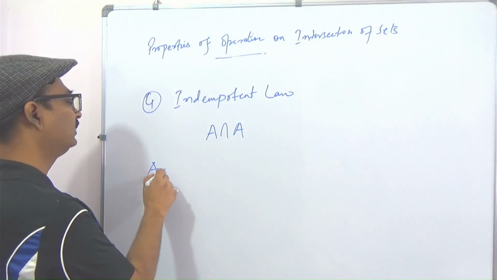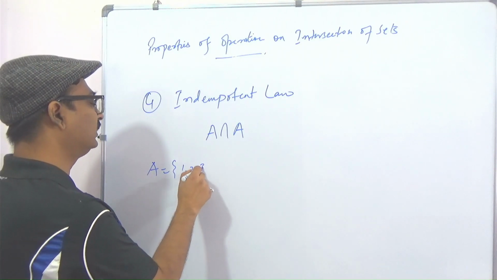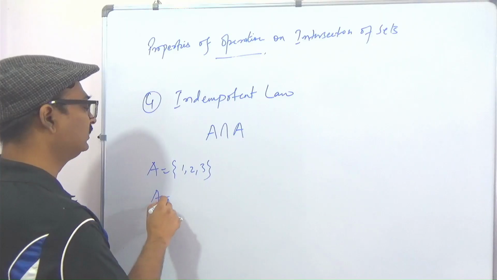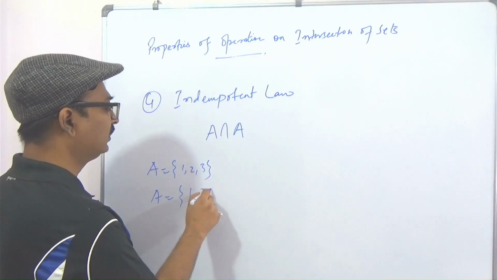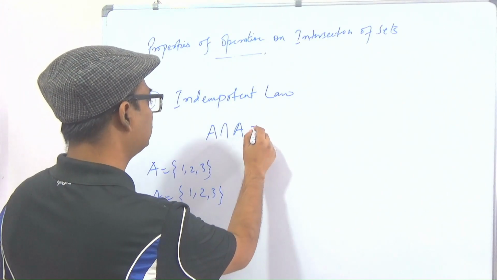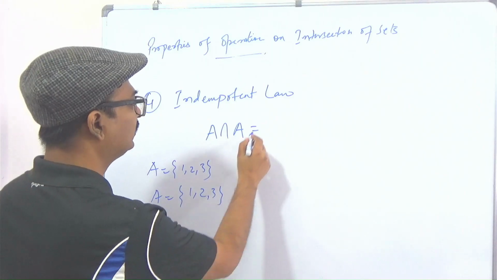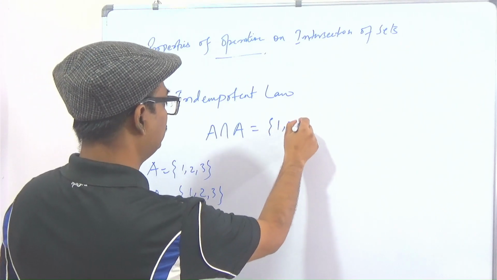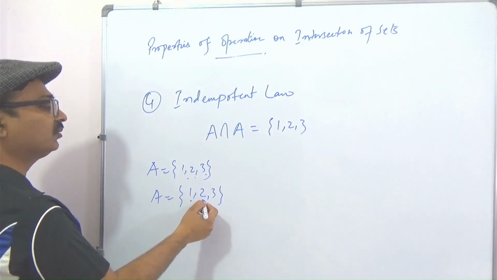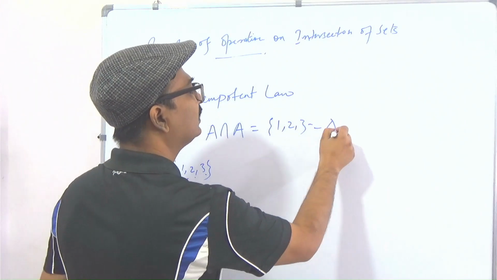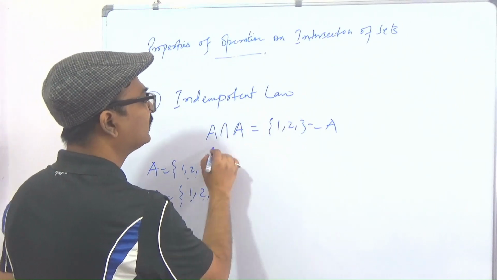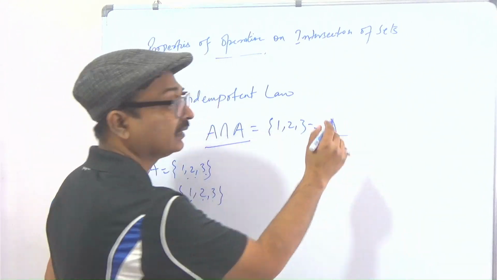Let's say A is 1, 2, 3 and A is 1, 2, 3. So what will be A intersection A? It will have 1, 2, 3. These three elements are common. So this is A. So the idempotent law says A intersection A is A.